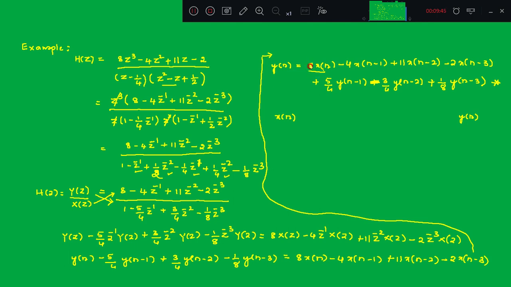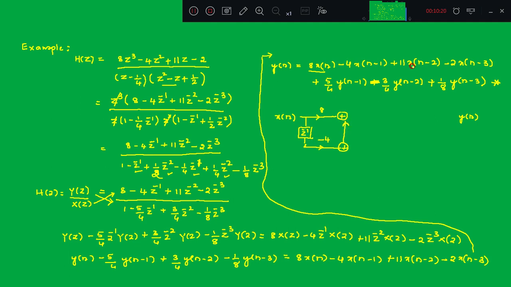X of n is scaled by 8, then plus. Next x of n minus 1, you have to add one delay element, z raised to minus 1, so that at the output of this delay element you will get x of n minus 1, and this is scaled by minus 4, and again it will get added.